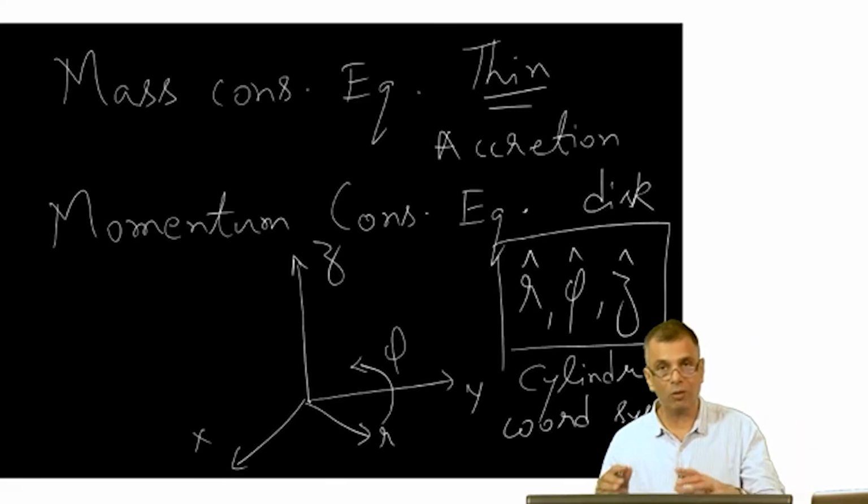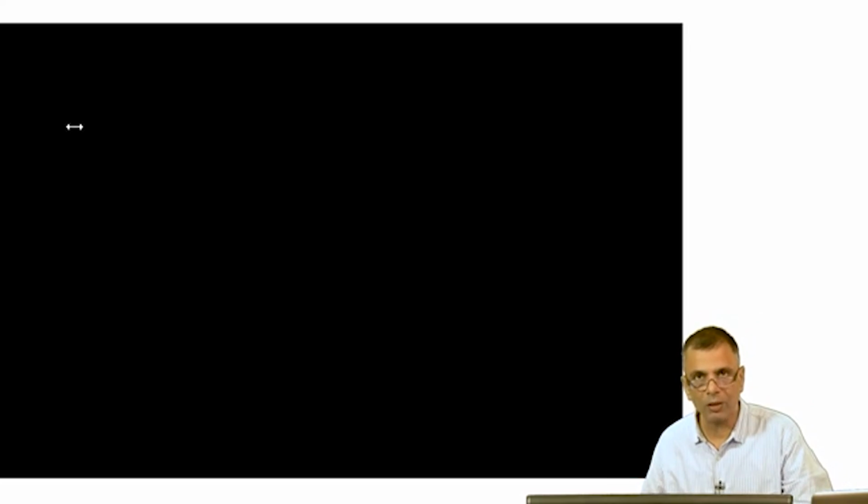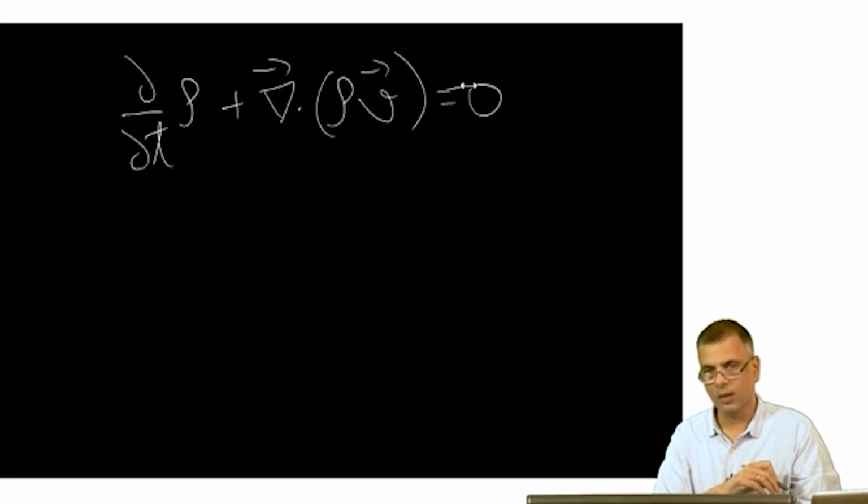This is the coordinate system in which we are working. We will first consider the mass conservation equation. You remember what the mass conservation equation looked like. In general, it looked like d over dt of rho plus the divergence of rho v is equal to 0.